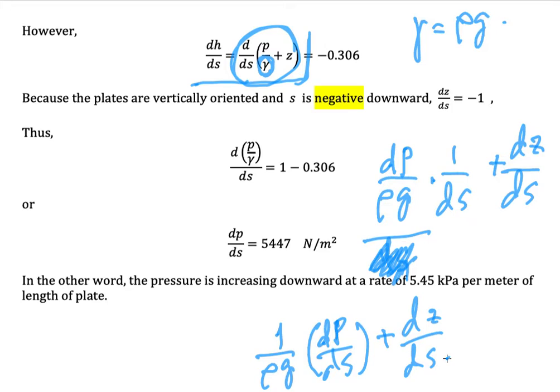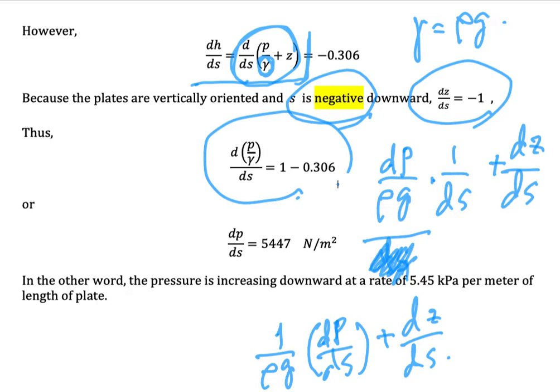Because, as I said, they flow downward in the negative direction, we give dz/ds as negative 1. If you bring all the calculation here, you will get negative 0.306.